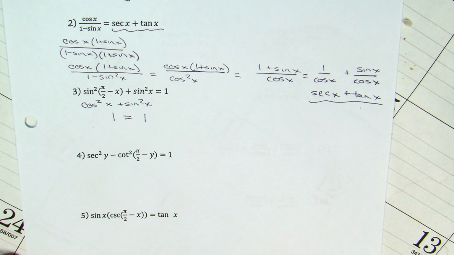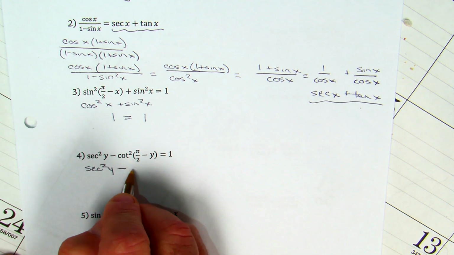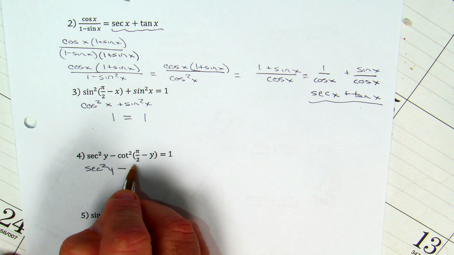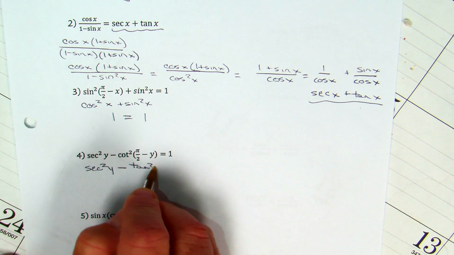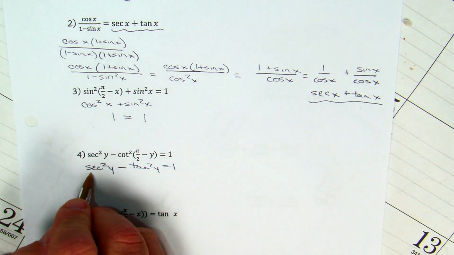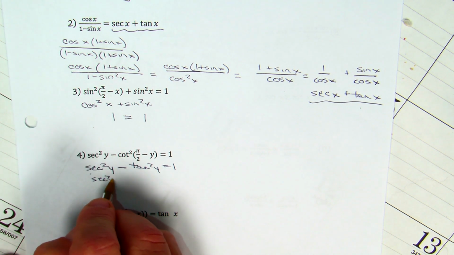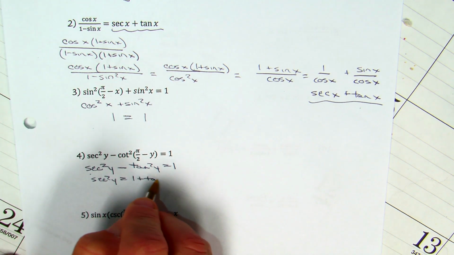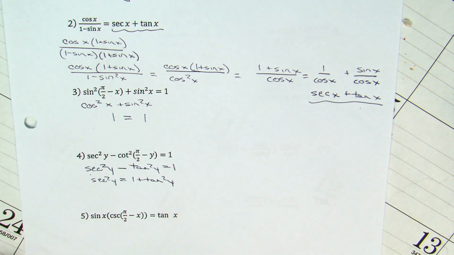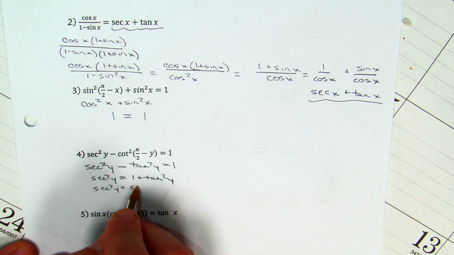If I drop the co from cotangent, what do I got? Tangent. And then I'm going to isolate the secant squared y, since that's isolated in Pythagorean identities. Secant squared y equals 1 plus tangent squared y. And secant squared y equals secant squared y.